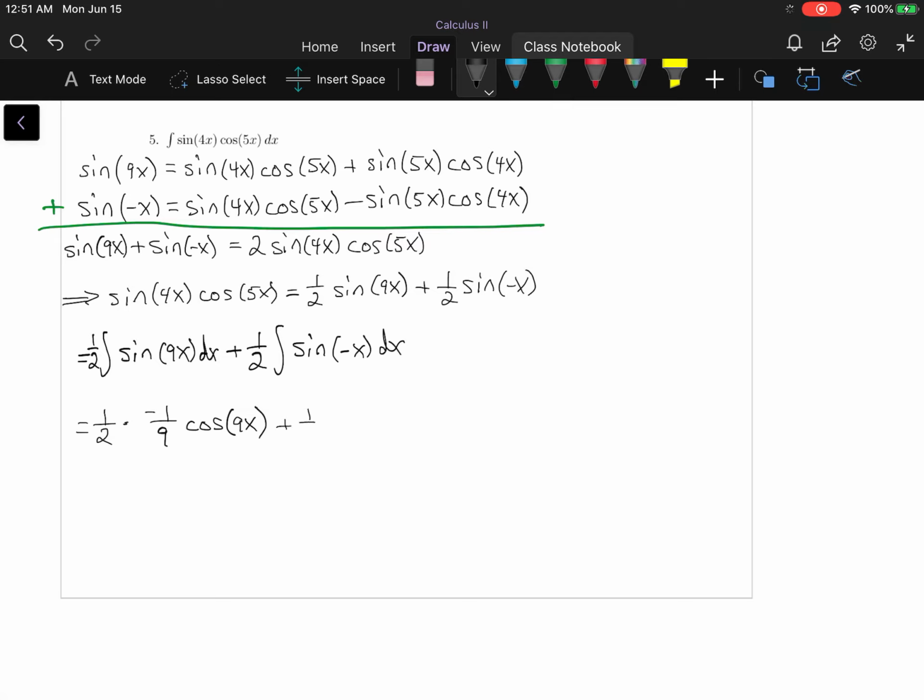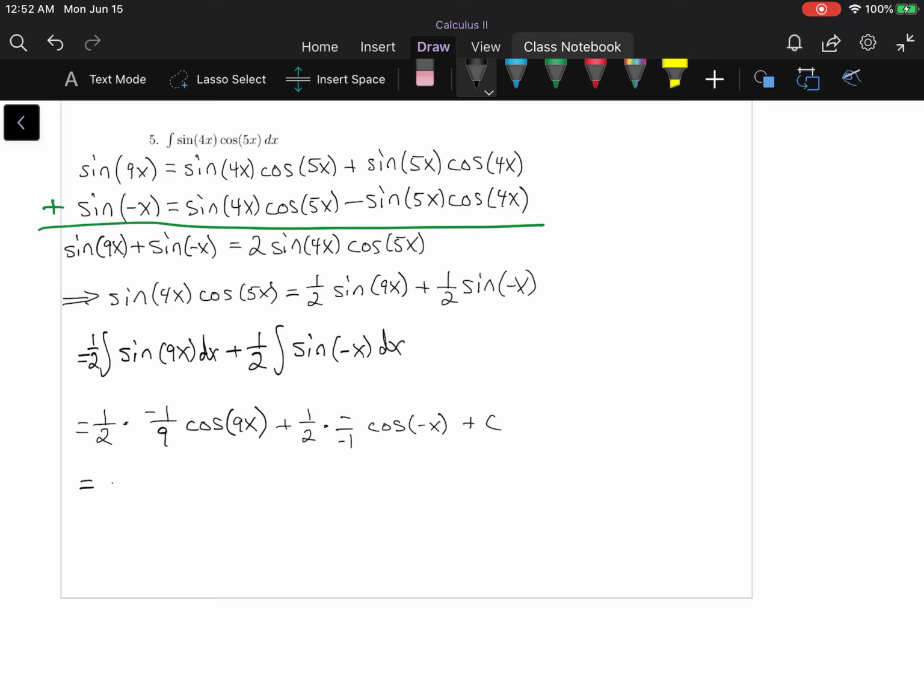Plus 1/2 times, and over here I've got negative cosine of negative x. So the negative cosine is the integral of sine, negative x remains, but we also want to essentially divide by the negative 1 that we have inside there, so that's going to cancel out those negative signs.